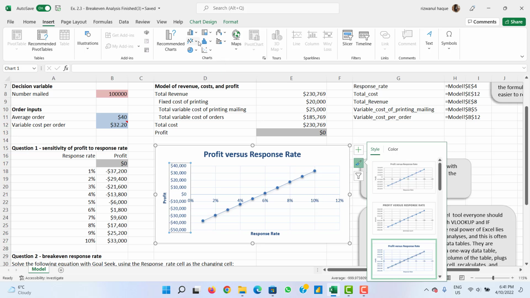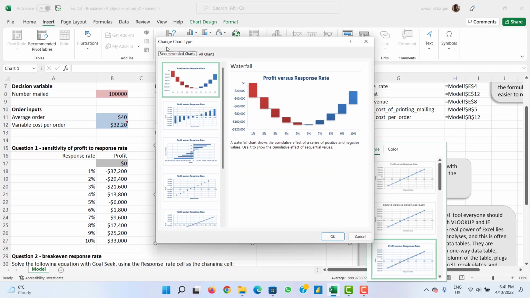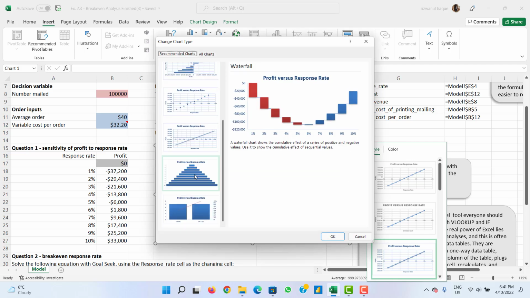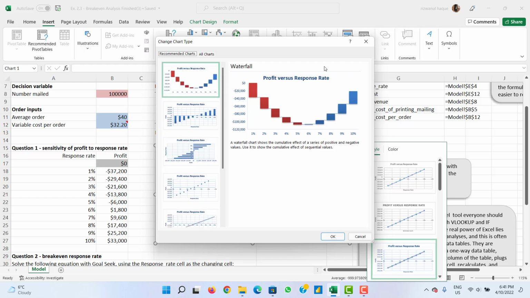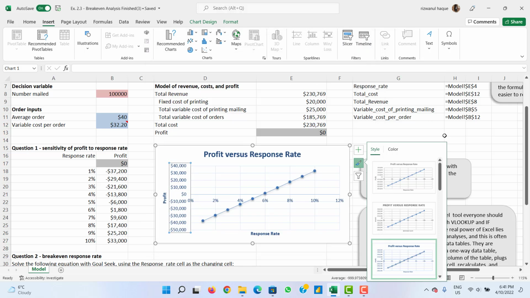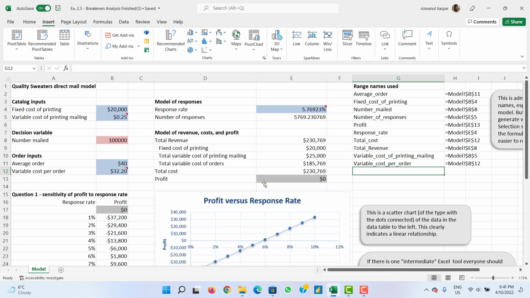So these are actually called line charts. This is called chart design. There's also Recommended Charts. If you click this one, I see probably the right one. There are many types of chart, and you can use any type of chart. So I hope that you understand everything, and the range names.